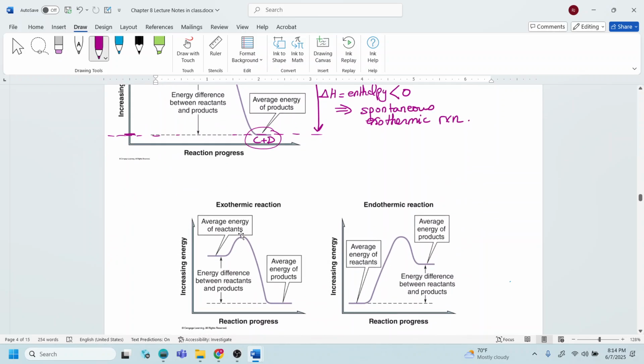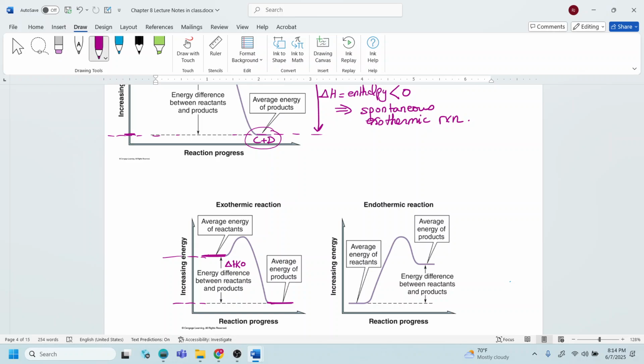Looking at the exothermic reaction, you have your reactants, you have your products, so measure the distance between them, and this is going to be delta H. Delta H here is negative, so I would say that this is an exothermic reaction. It is a spontaneous reaction.